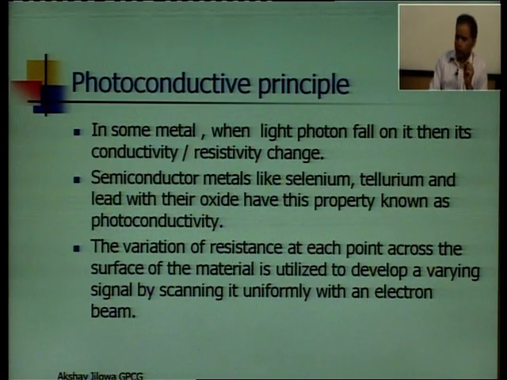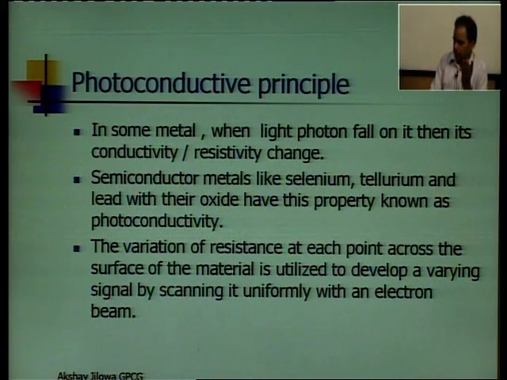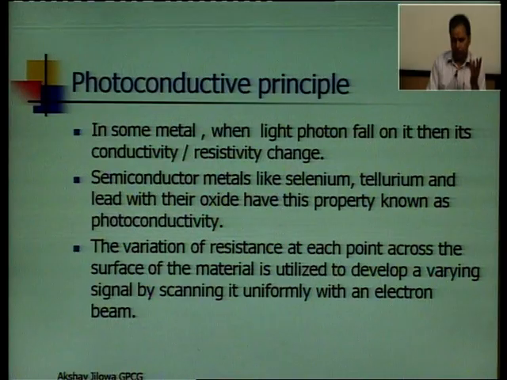So, this is photoconductivity. It means that in some metals, when light photons fall on them, their conductivity or resistivity changes. As we discussed in photo emission, when light falls on the surface, electrons are liberated. Here, when light falls on the material, its conductivity or resistivity changes.